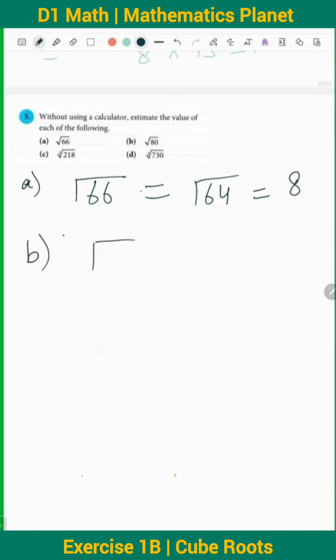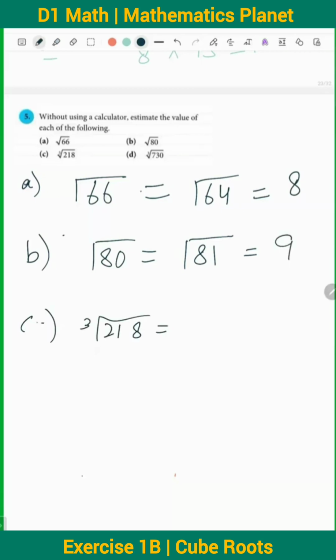Nearest to 80? 81. And the square root? 9. Okay. Part C, cube root of 218? 216. And what is the cube root? 6.